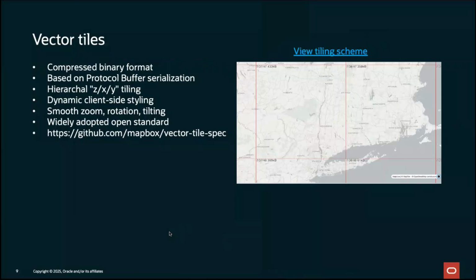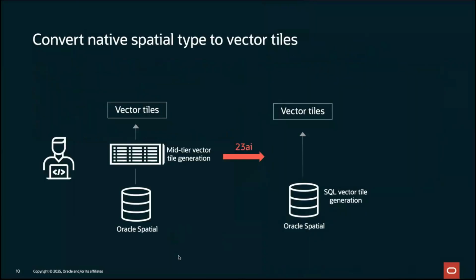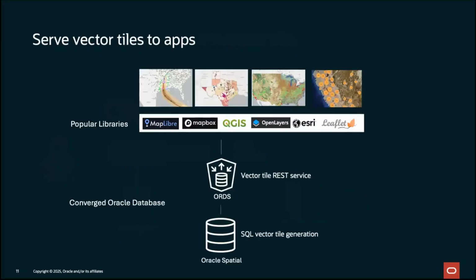All right. So this is really what the simplification looks like in 23 AI. Before 23 AI, it was possible to serve the data in this way. In fact, we've been doing it with mid-tier componentry before 23 AI, but now what's simple is that all you need is an Oracle database, and you have everything you need to have a whole vector tile service stood up.